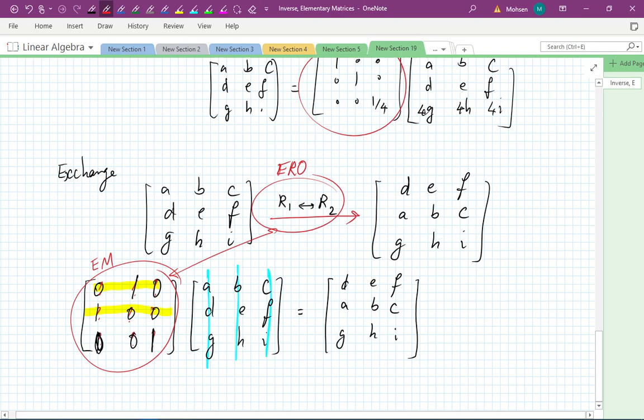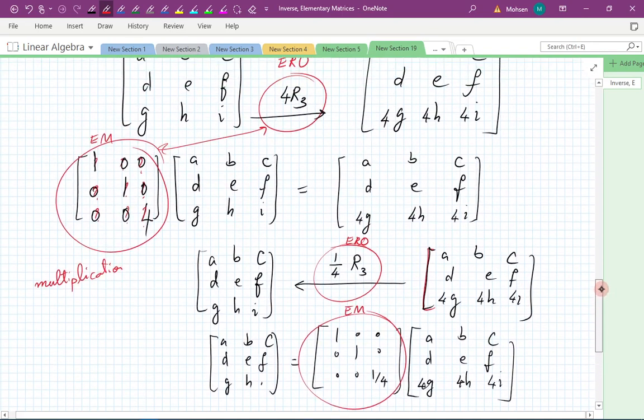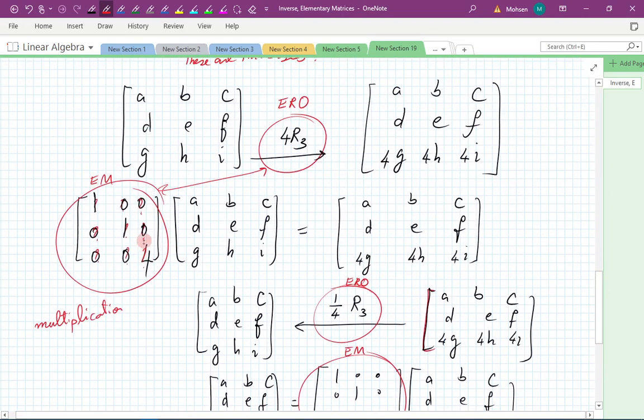Is that idea general? Well, yes. How can I obtain this? One way is to just go build everything from scratch. What's a quick way? Take the identity, apply this operation to it. So 4 times row 3 on identity, the 1 becomes a 4. That multiplied by any matrix will do whatever that one was doing.